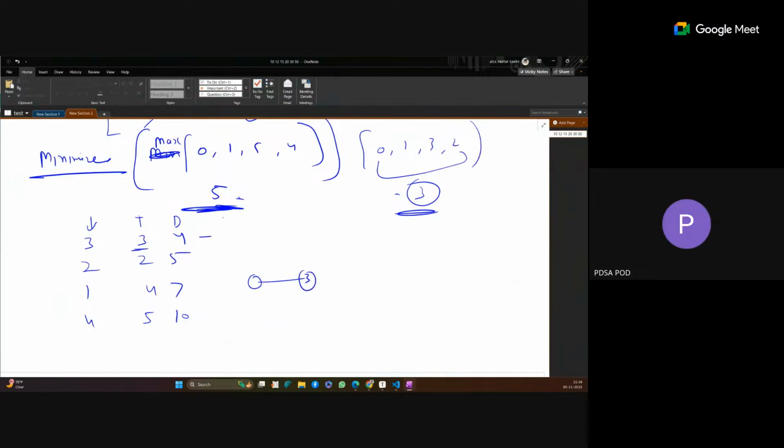So lateness for this is 0. If any task is done before or on the deadline, we consider the lateness 0. Sir, how do we calculate the lateness? Lateness means: the end time for this is 3, but the deadline was 4.